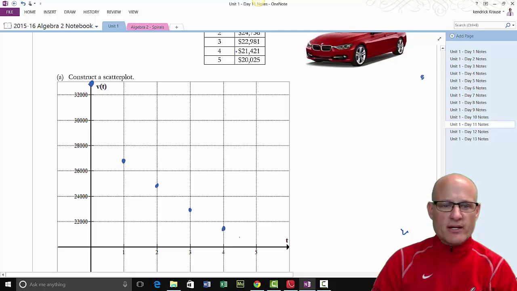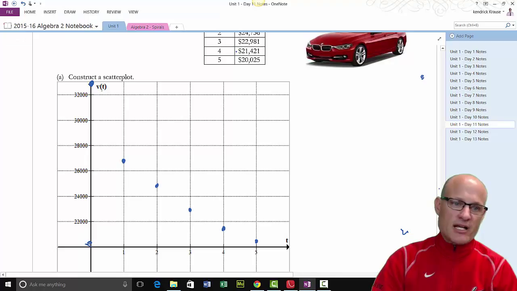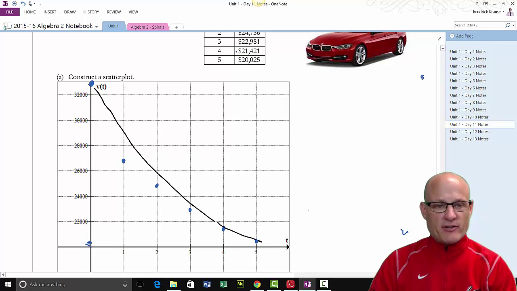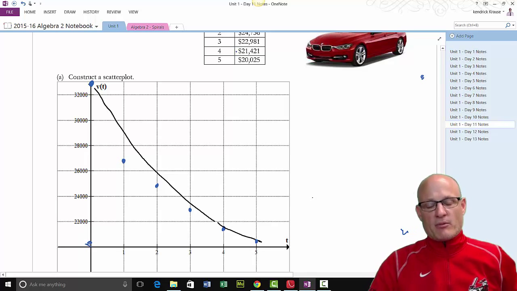4, 21,421. That's 21, right about there. And 5, 20,025. Probably should have put a break in here just to show you that there's a little break. Clearly when I graph that, to me it looks a little bit more like an exponential decay problem.